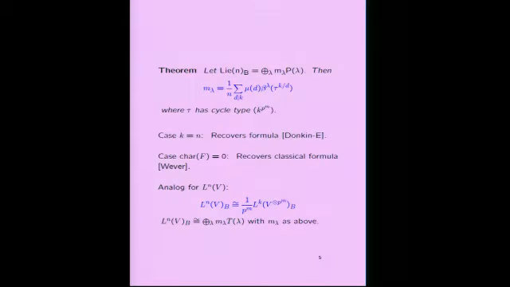Anyway, so when you take the case k equals n, so this is the case when p is not dividing the degree, then this recovers the formula which Steve Donkin and I proved some years ago. And if you have characteristic 0, then you get the same formula, but with the usual character here, in fact it's just this one here.